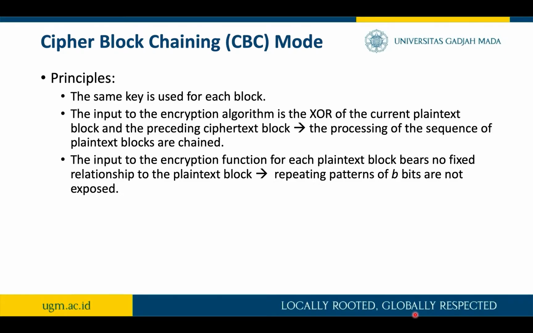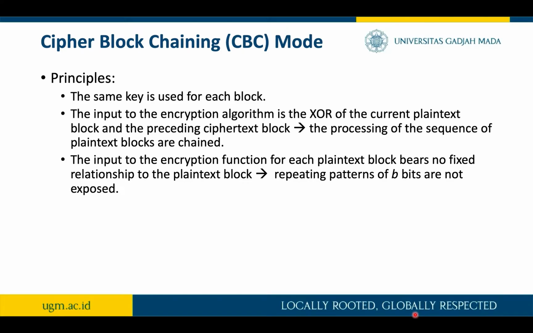So that's why it is called chaining, because there is a chain between the current block and the previous block. The input to the encryption function for each plaintext block bears no fixed relationship to the plaintext block.